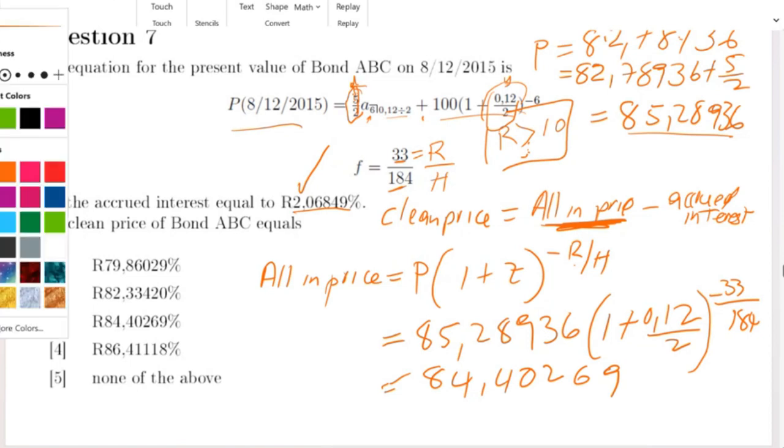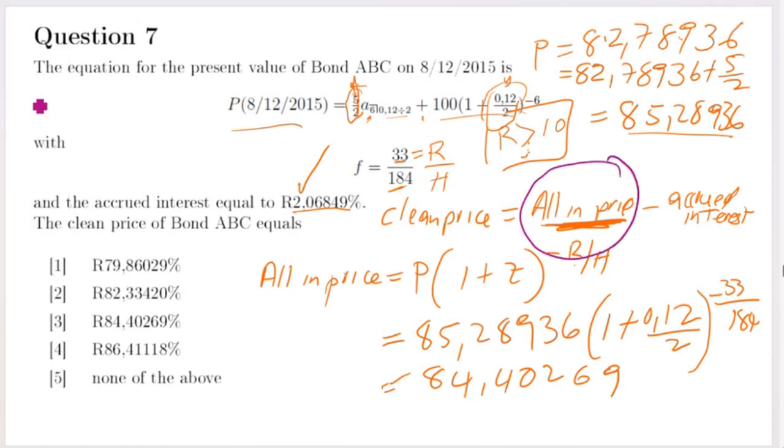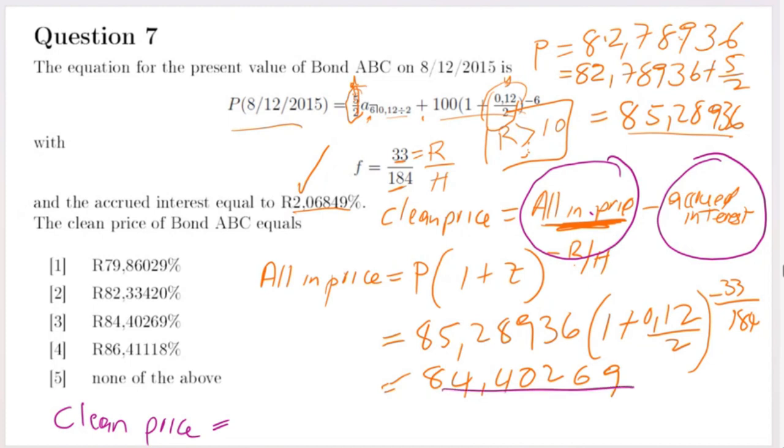You've got all of the values that you need for your formula, which is given. So you go and get your clean price and say, now my clean price is, what is all-in price? There is my all-in price after I've calculated it. It is 884,402.69 minus my accrued interest.